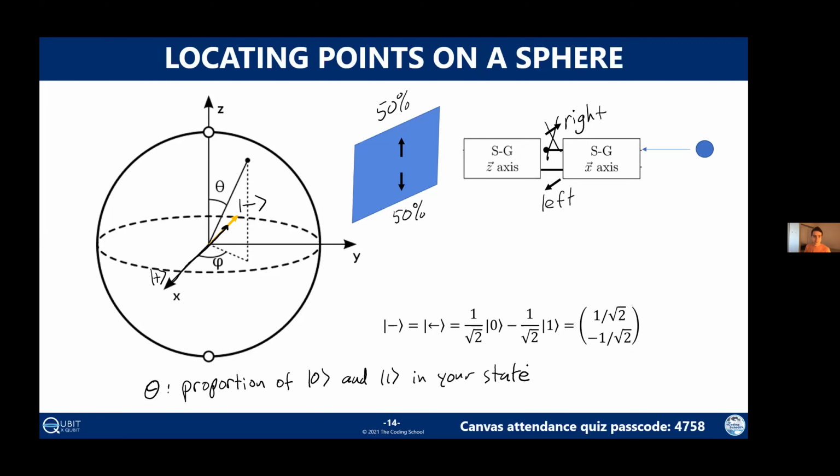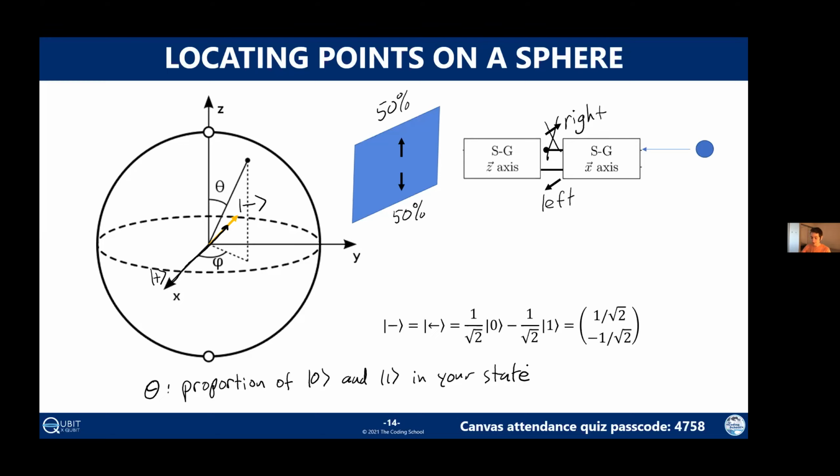Are you in a 75-25 superposition of 0 and 1? The only angle that matters for that question is theta. So I like to think of it as theta determines the proportion of 0 and 1. If theta is 90 degrees, we're 50-50. If it's more than 90 degrees, we're more toward ket 1. If it's less than 90 degrees, we're more toward ket 0. And that's going to be reflected in our probabilities.